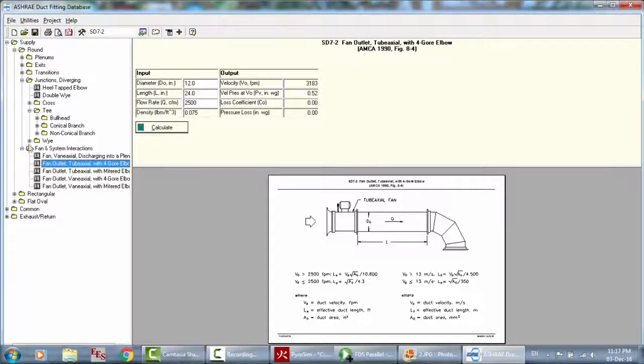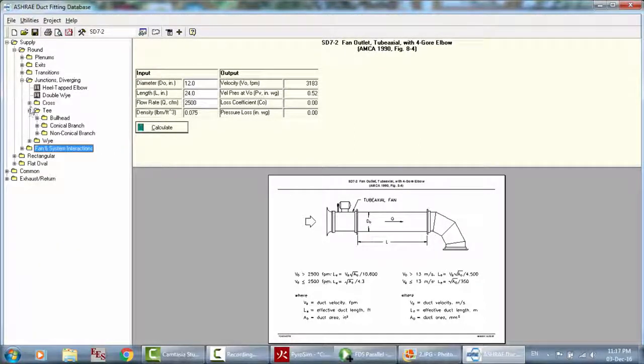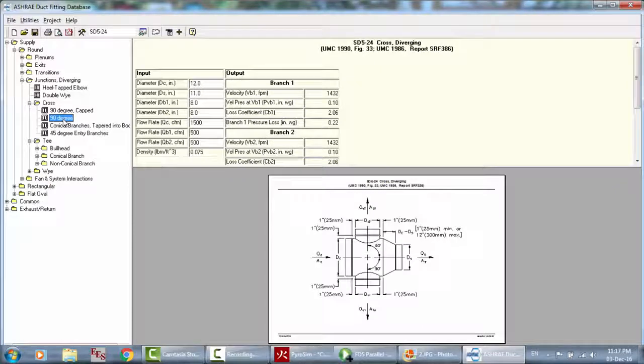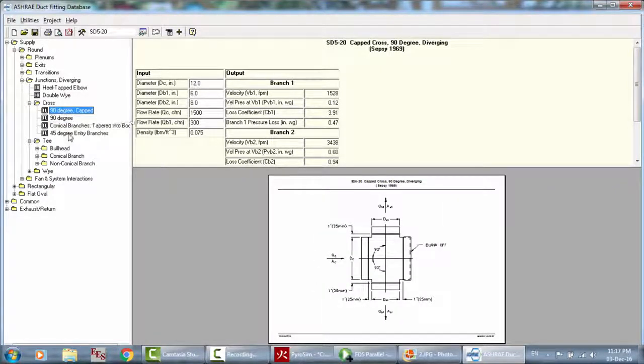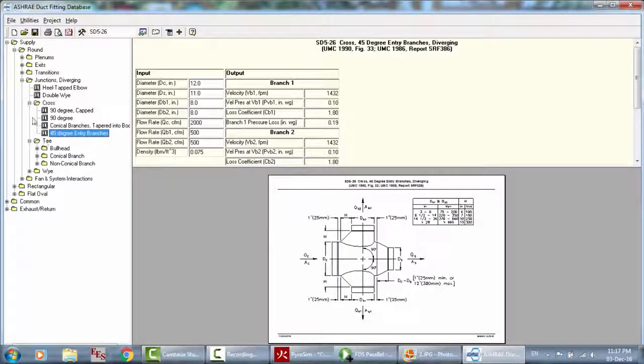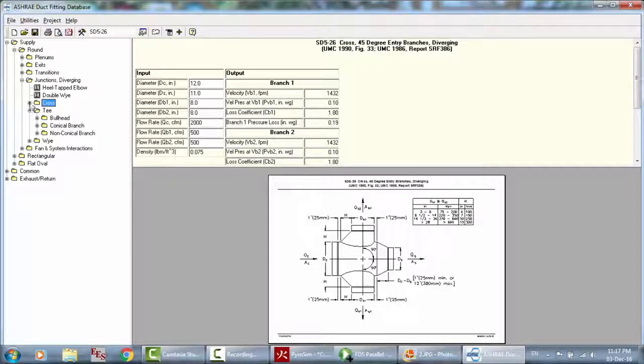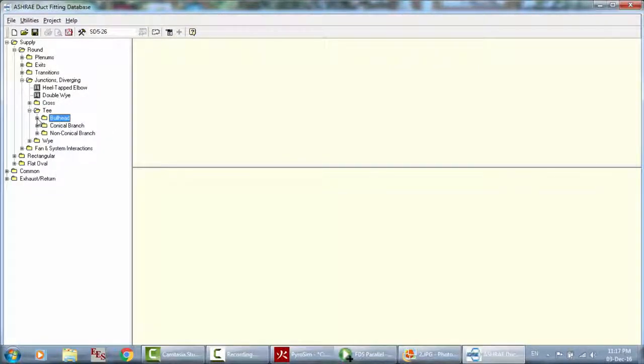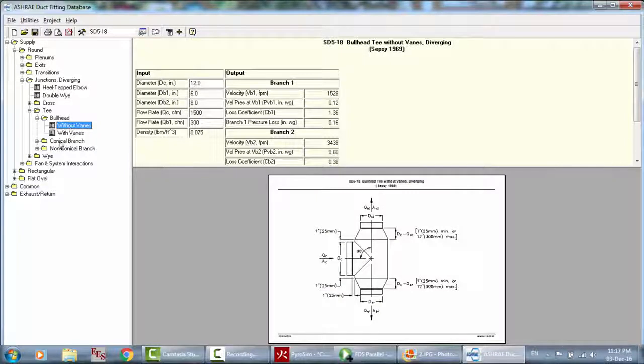Here 90 degrees, 45 degrees. This is the T junction without vanes. Okay.